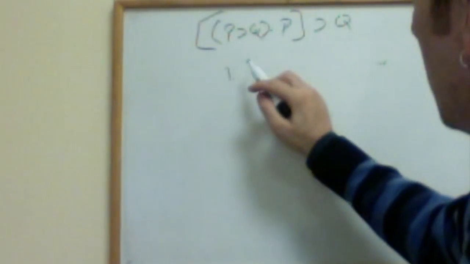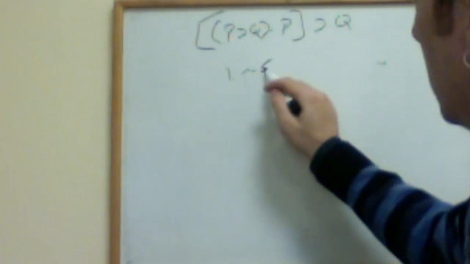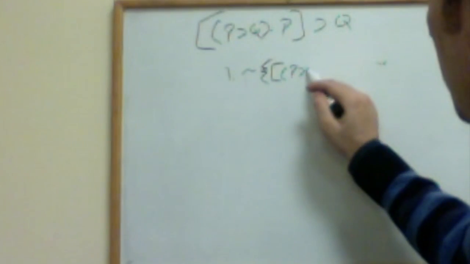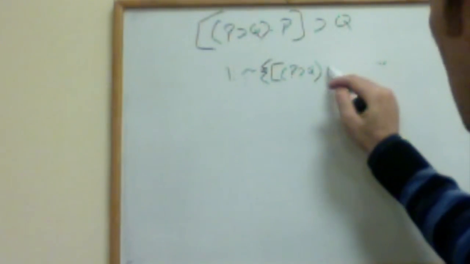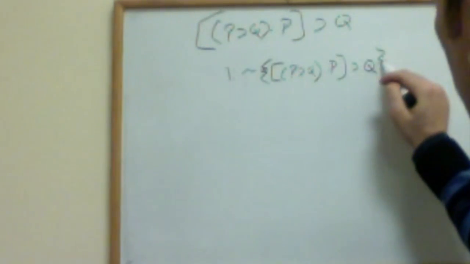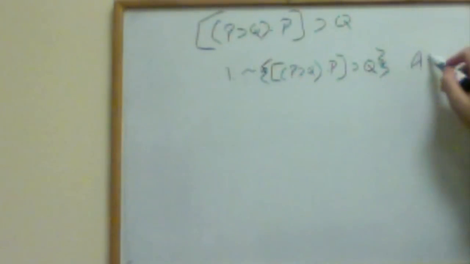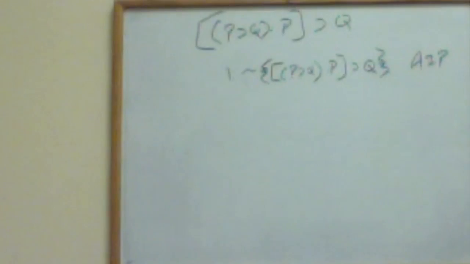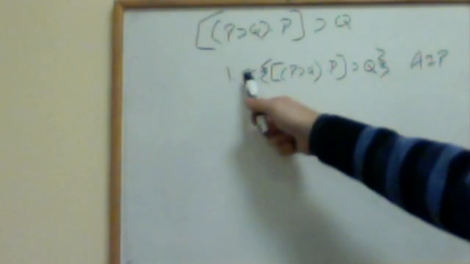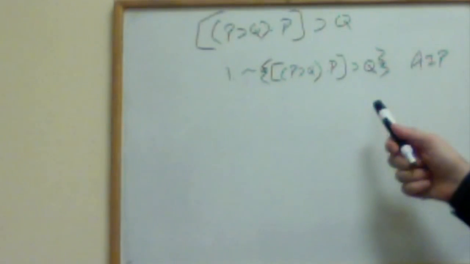So we're going to assume that it's not the case that P horseshoe Q dot P horseshoe Q. We're going to assume that for indirect proof, because this is what we want to establish. So we simply assume that it's false and see what happens.